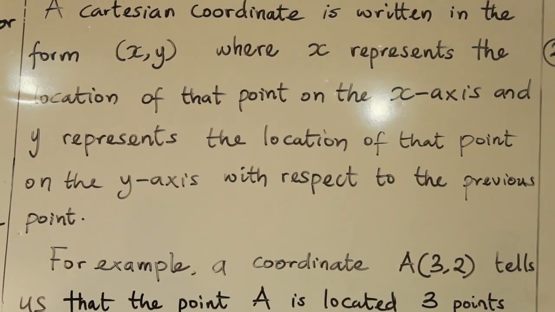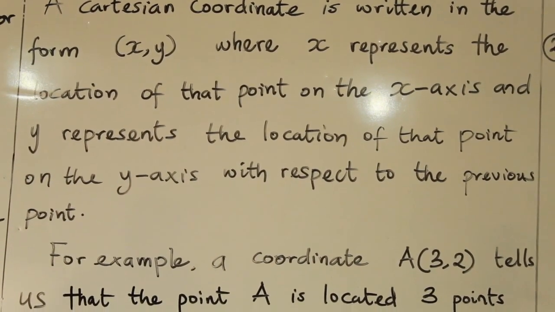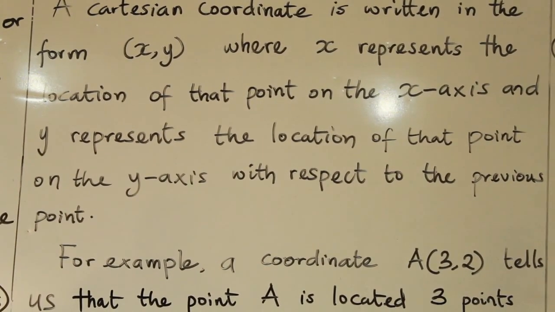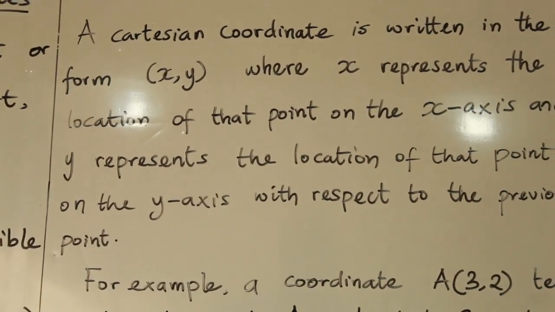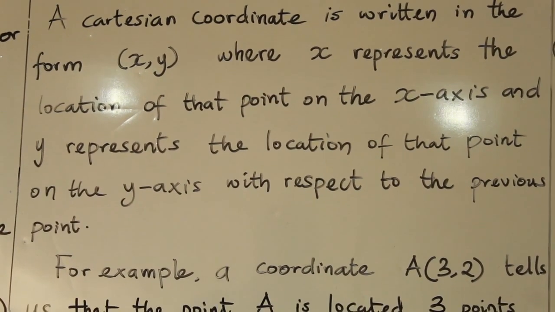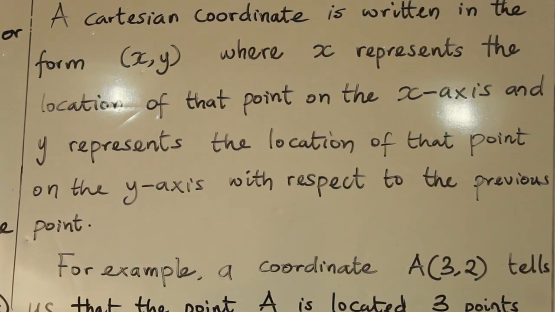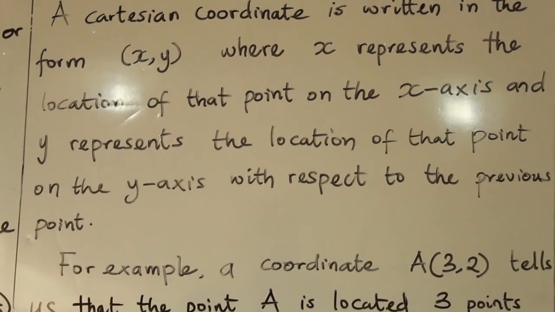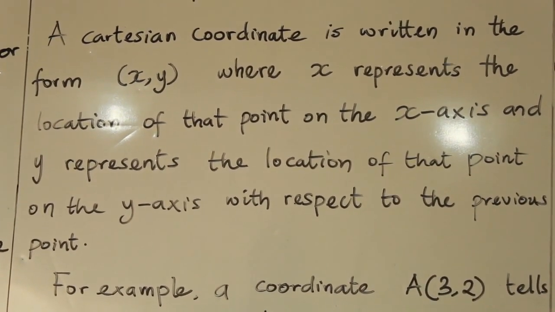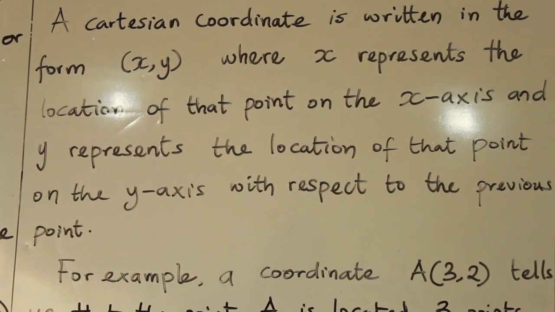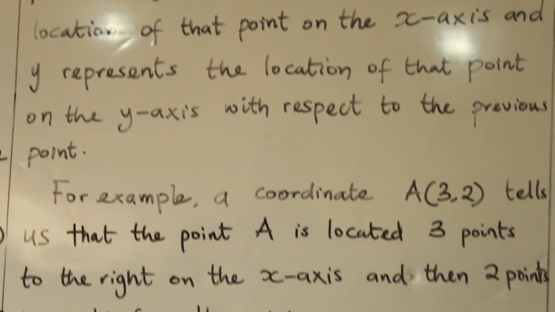Generally, the Cartesian coordinate is written in the form x, y, where x represents the location value of the x point, and y represents the location value of the y point. I stated earlier that the Cartesian coordinates are written in the form x, comma y. Now let's take a real example, something to bring this home.